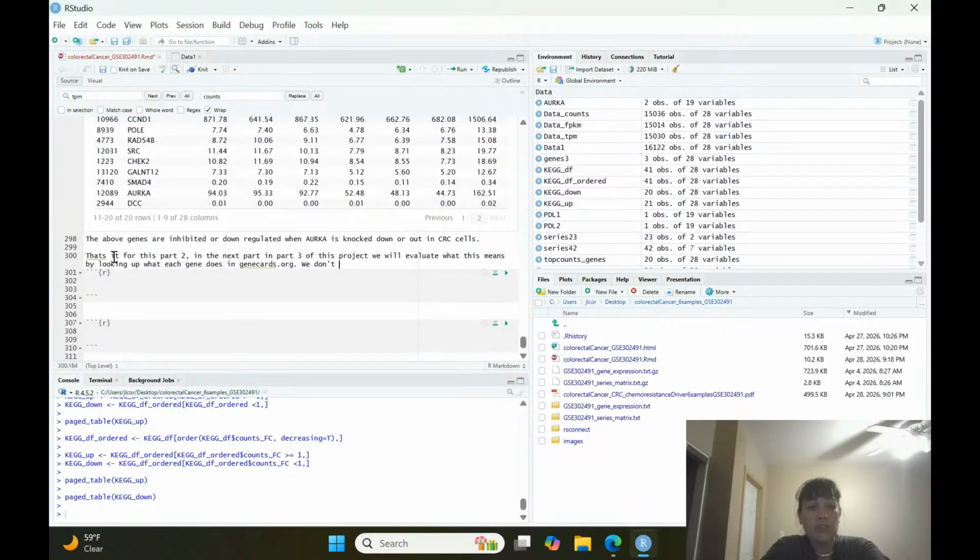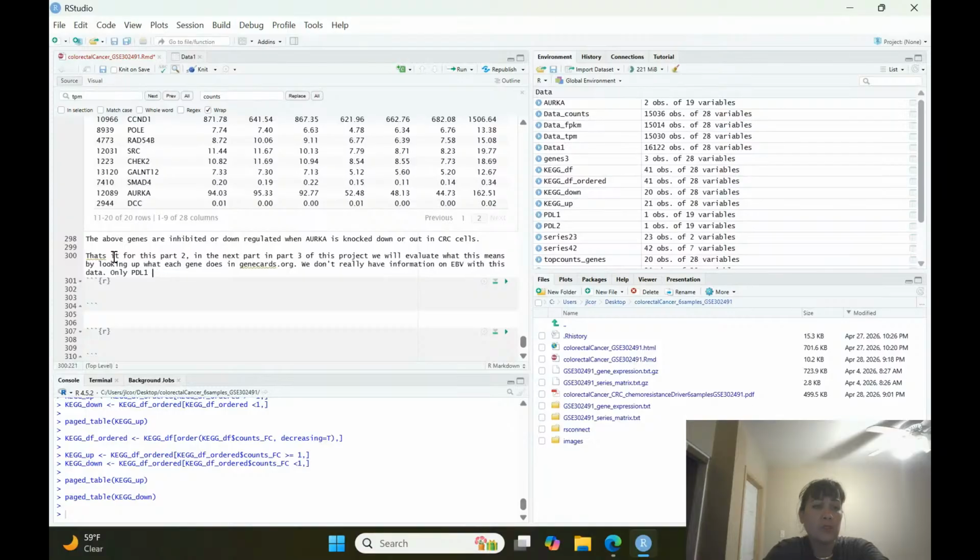We don't really have information on EBV with this data. Only PDL1, or PDL2.